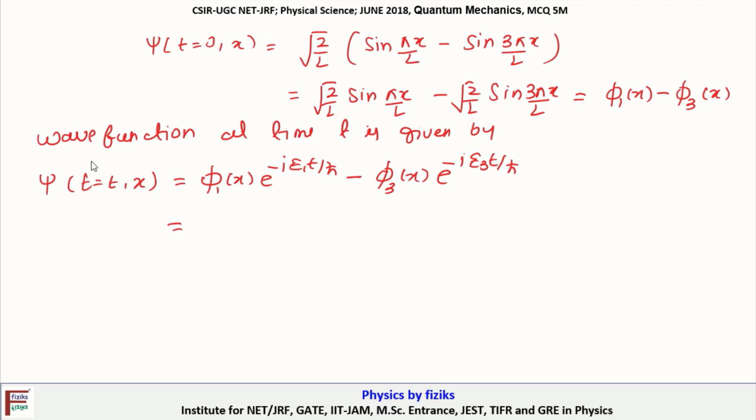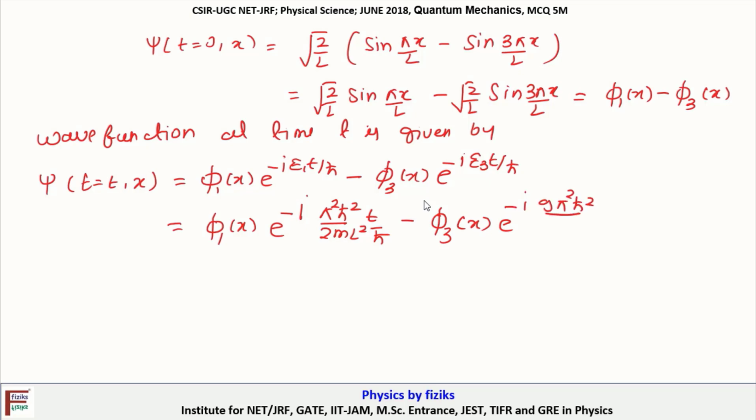So phi 1 x e to the power minus i pi squared h cross squared by 2 m L squared t by h cross minus phi 3 x e to the power minus i 9 pi squared h cross squared by 2 m L squared t by h cross.